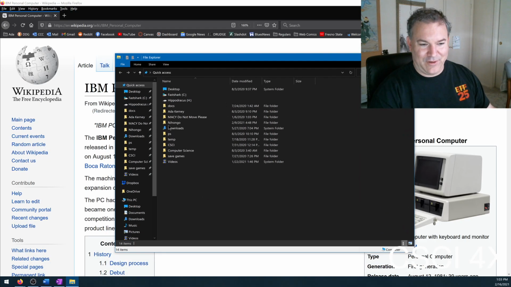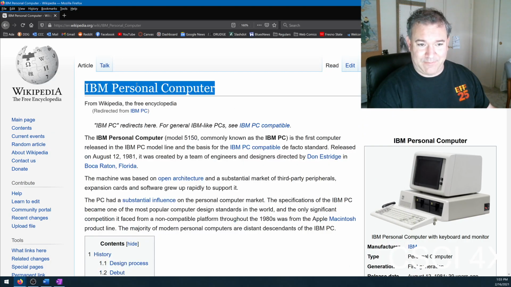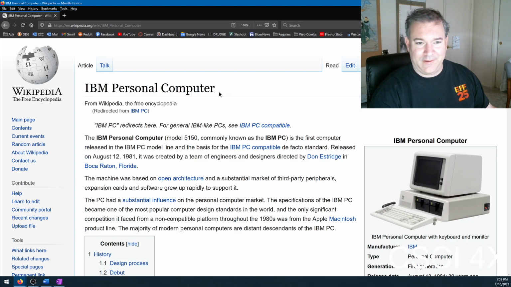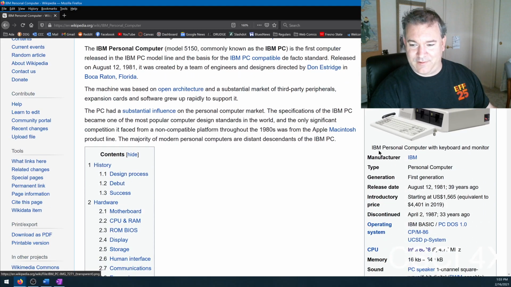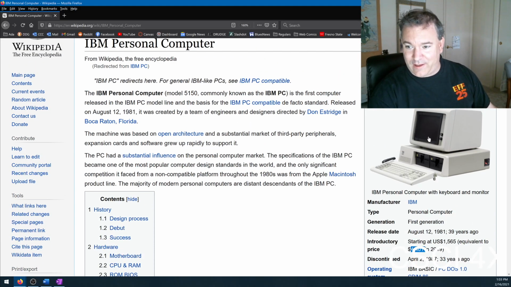If you go over here, you'll see where it says This PC, right? It's called a PC because of the IBM personal computer. That's why it's called a PC. This is the OG, in modern terms $4,000 for this thing.